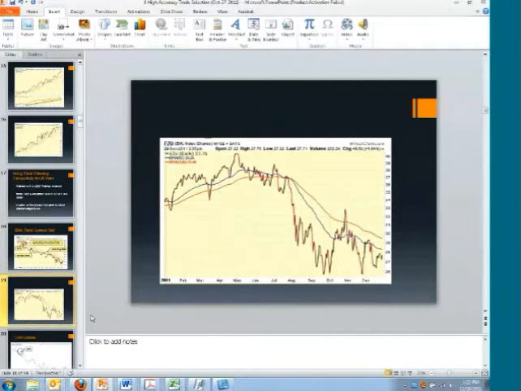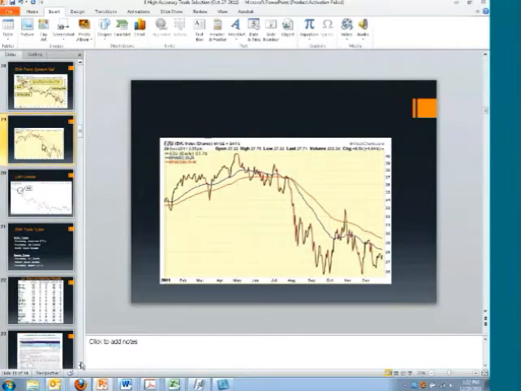And here's the 50 and 100-day EMA for a European stock index, and you can see the 50-day crossed below the 100-day EMA in July of this year. So we actually have a short position in this index, because it's clearly on a sell signal, and the 50-day has remained below the 100-day EMA.